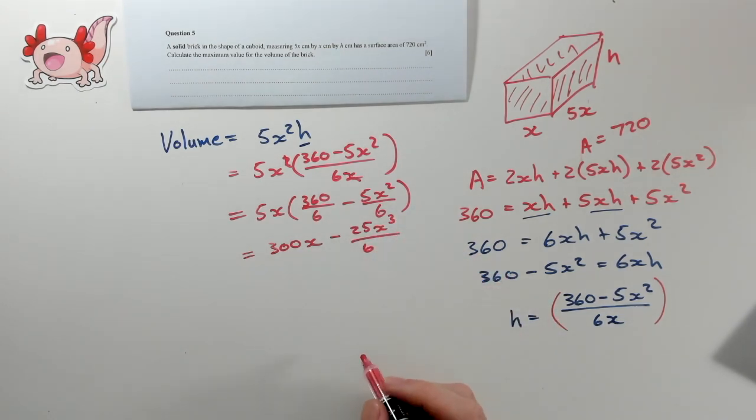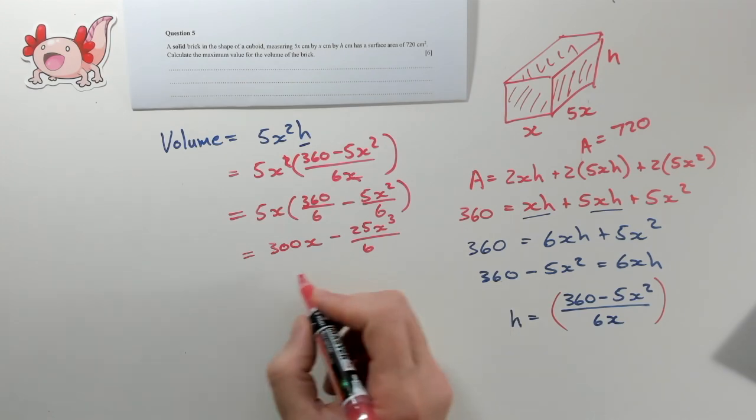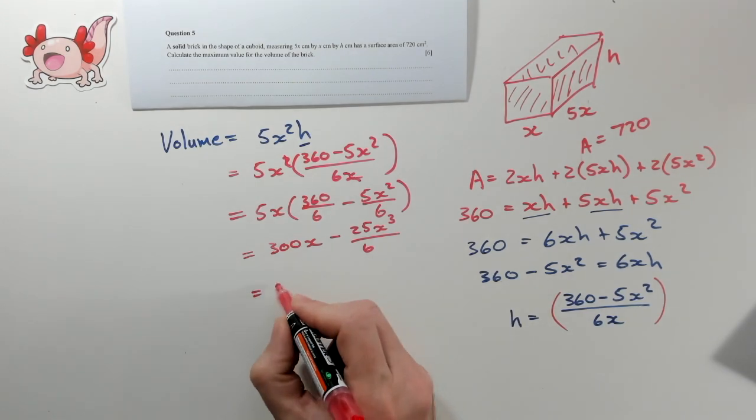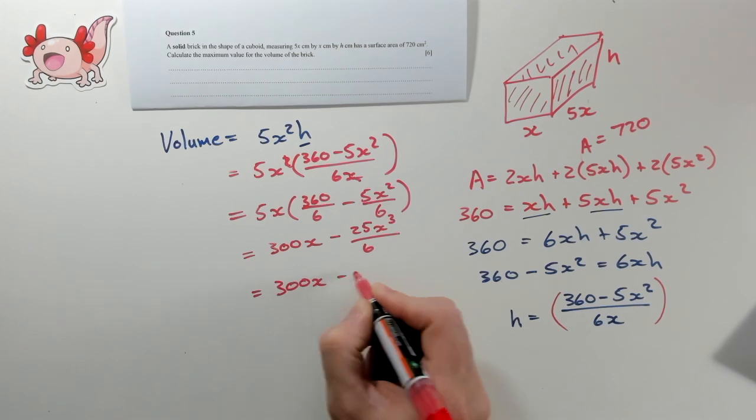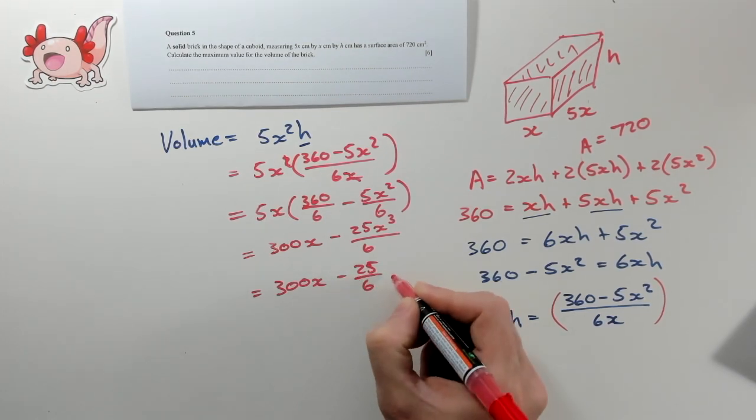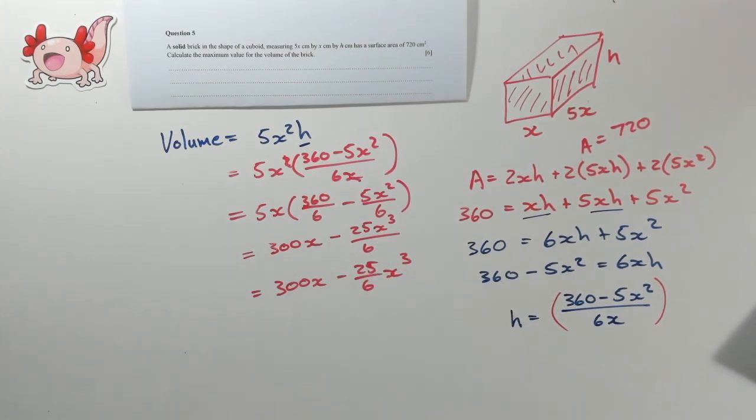So that's pretty much it. I'm going to rewrite it as 300x minus 25 over 6 x cubed, because it's a little bit easier to derive. But anyway, that's kind of where I needed to be at.